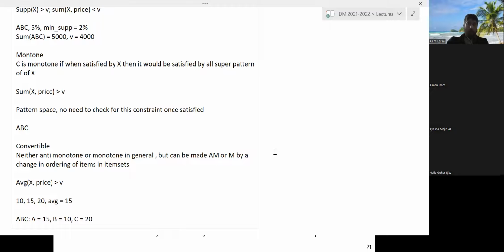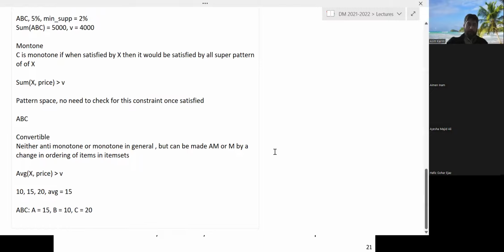So now if I order all my item sets according to their prices, my order would be B, then A and C.